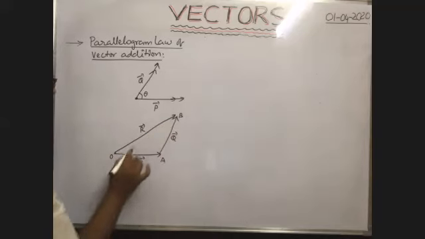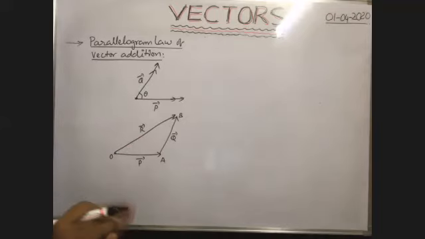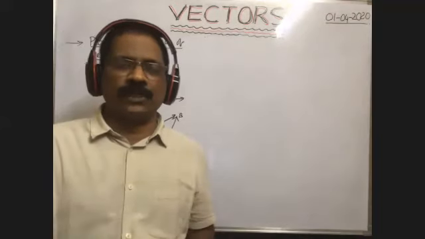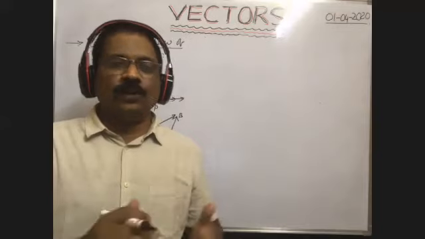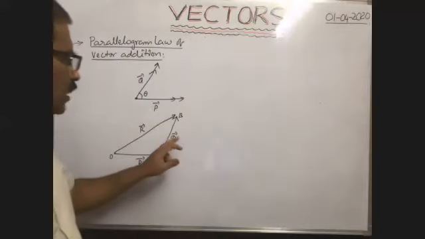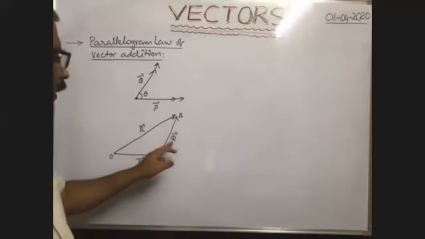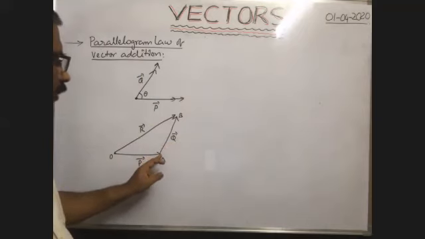So from the diagram, according to the addition rule: to add this vector to this one, the initial point of this vector coincides with the final point of this vector, already coincided.